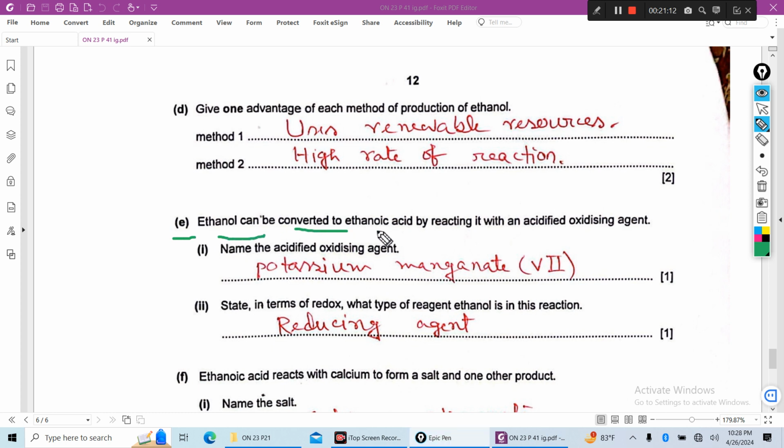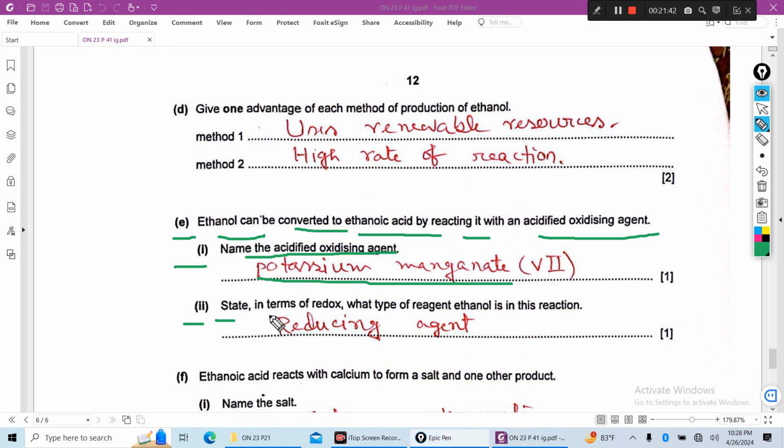Ethanol can be converted to ethanoic acid by reacting it with an acidified oxidizing agent. Name the oxidizing agent. This is potassium manganate(VII), or you can write potassium dichromate. Potassium dichromate and potassium permanganate are two common oxidizing agents.